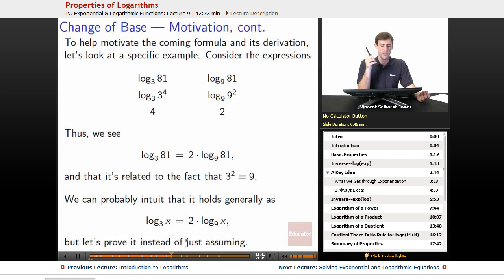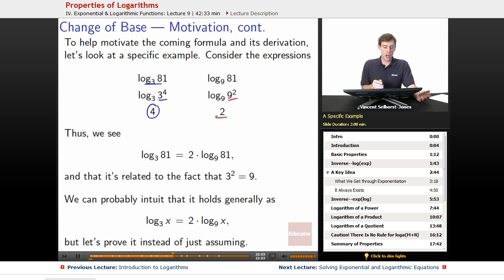To help motivate the coming formula and its derivation, let's look at a specific example. So consider the expressions log base 3 of 81 and log base 9 of 81. So log base 3 of 81, well, we could rewrite 81 as 3 to the 4th, so that's just 4. Now, log base 9 of 81, we could rewrite as 9 squared, so with base 9, that would come out as 2.